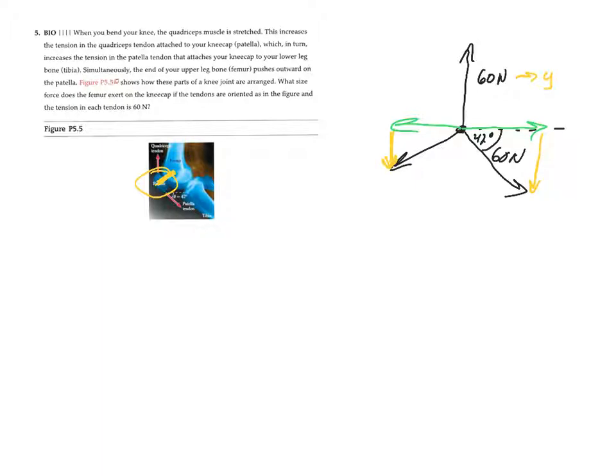All right, so let's do the sum of the forces in the x direction equals 0. If I can figure out what this piece is, we'll call this, I'm going to label these T1, T2, only because then T3 will be our unknown.